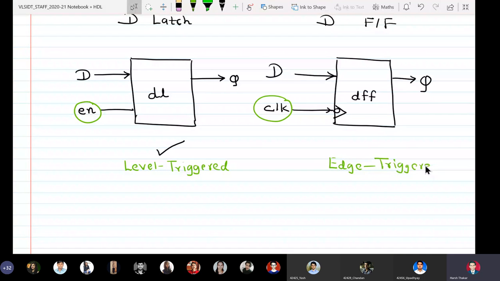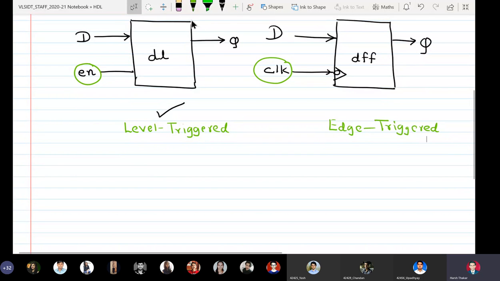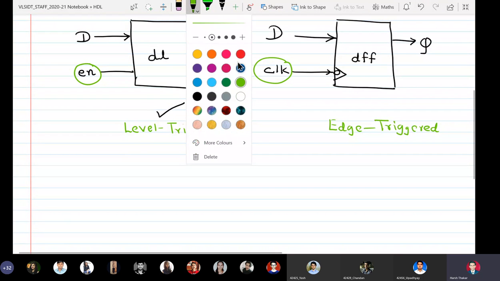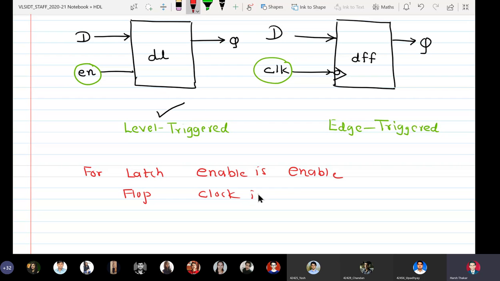Now from the viva viewpoint, I will write a line which will help you remember enable and clock. For latch, enable is enable, and for flop, clock is enable.